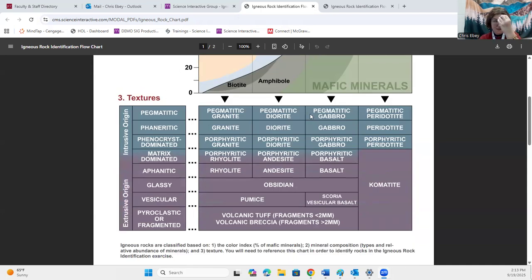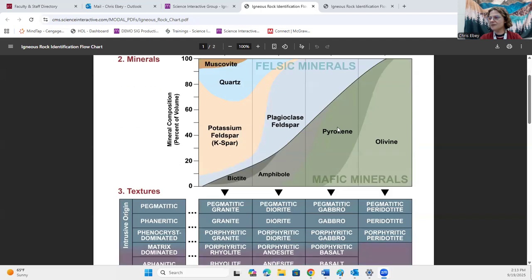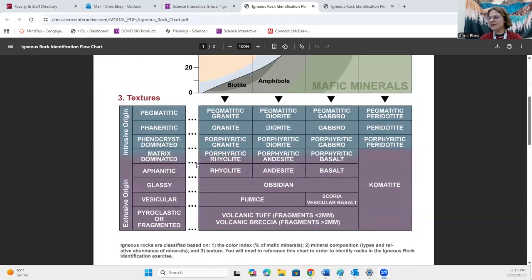I can't see the crystals, but if I touch it with my finger, I can feel the roughness of the crystals in there. So that means it's got small crystals. The word for small crystals is aphanitic. So I go down the mafic column, and where it intersects the aphanitic row, we now have basalt.